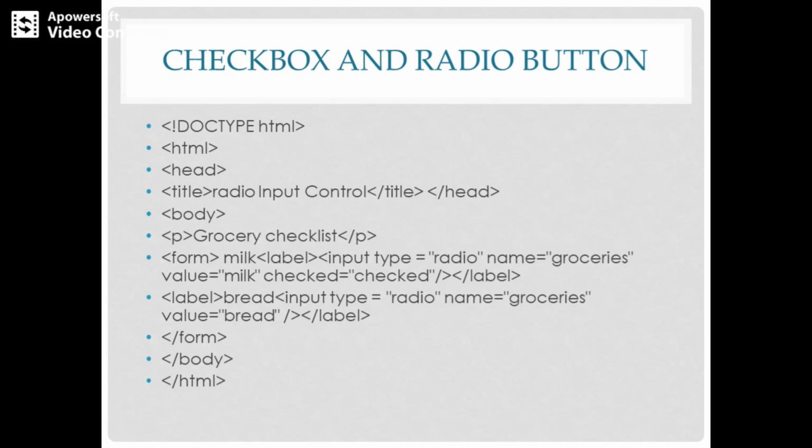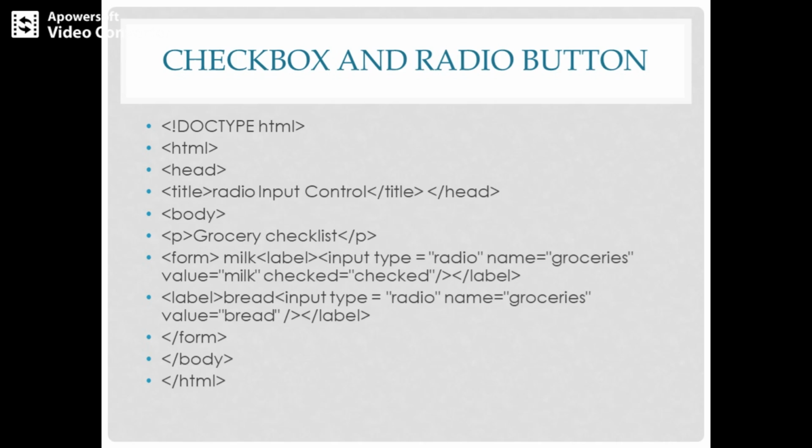If the checkbox button is on, then we associate the value. The value associated with the name of the button is the string assigned to the value attribute. For example, in this particular slide we have the value milk, so for the checkbox button we have milk.